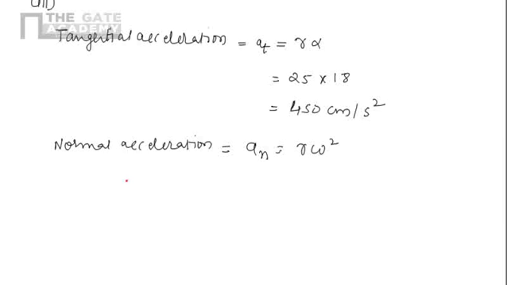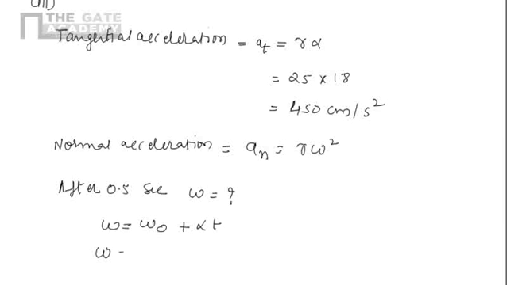But we have to find it after 0.5 seconds. So after 0.5 seconds we have to find out what is the value of omega. So omega equals omega 0 plus alpha t.